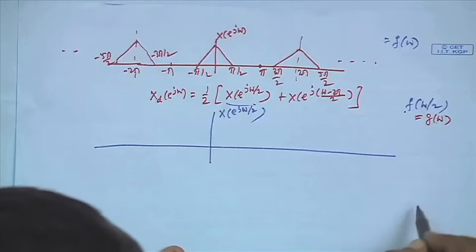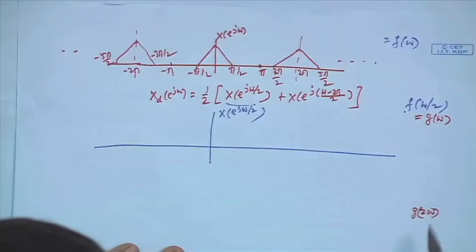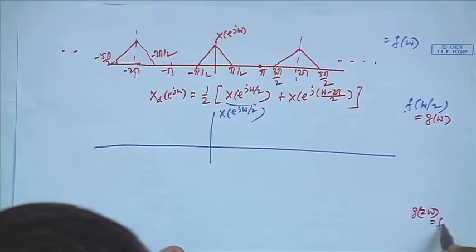Okay. So, at any twice omega, what is the value of g? G of twice omega is f of omega.